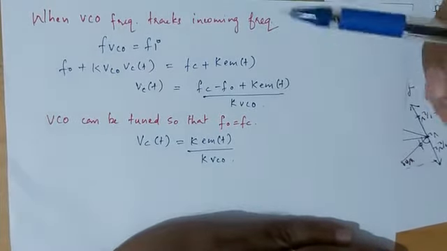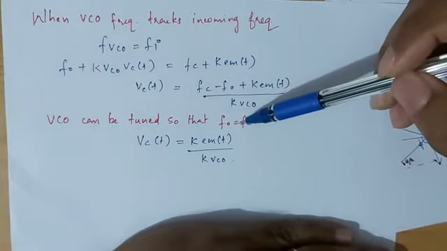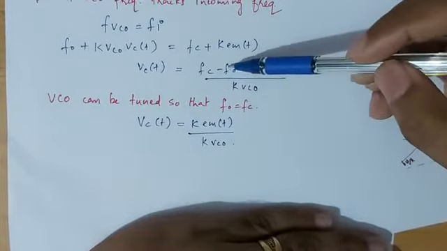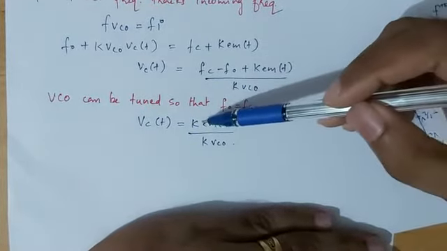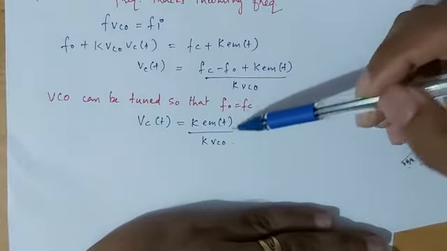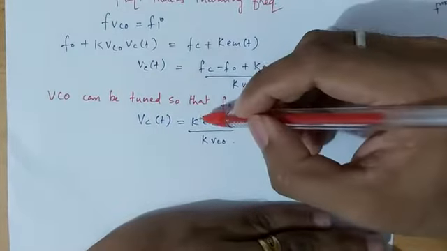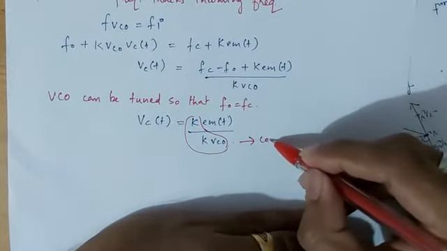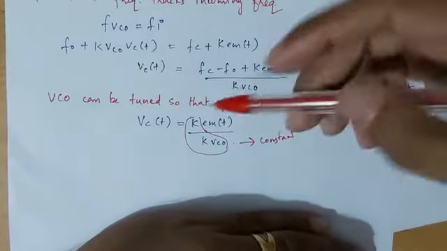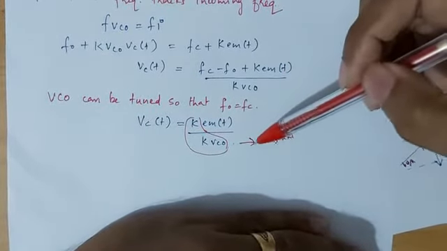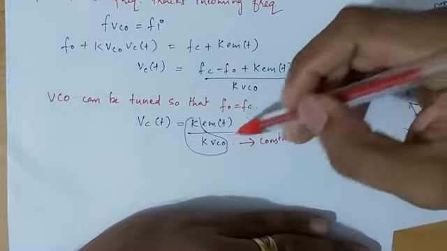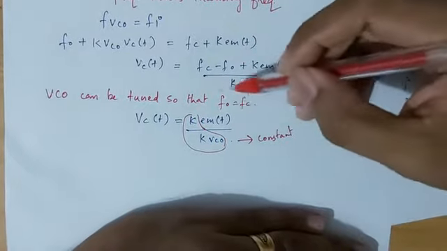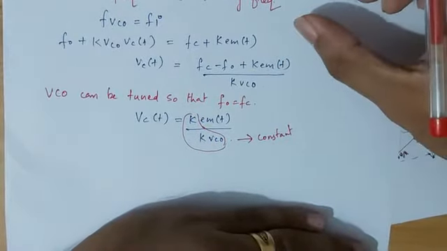That means whenever we make F0 equal to Fc, Fc minus Fc cancels. We get K into em of t by K VCO. Here K by K VCO is a constant value, so the control voltage will be this constant multiplied with the message signal. That is the voltage when the free running frequency equals the carrier frequency.